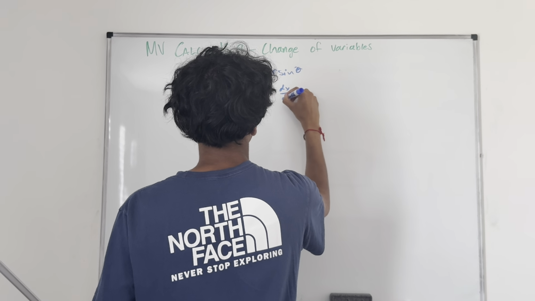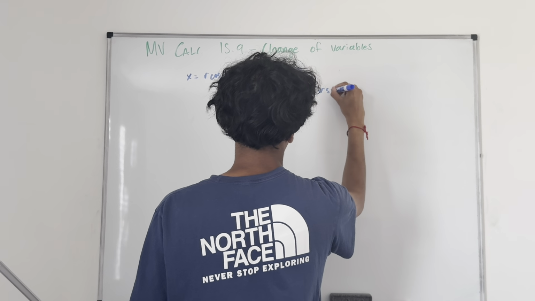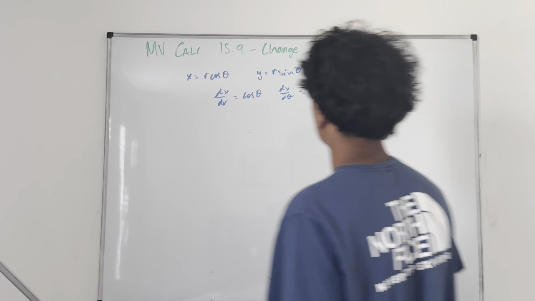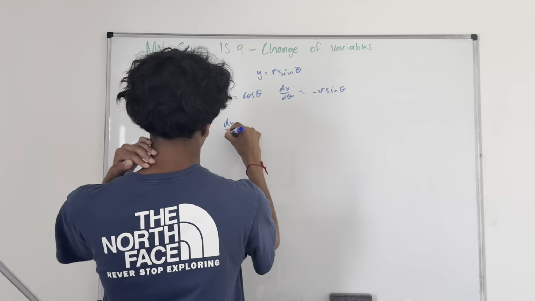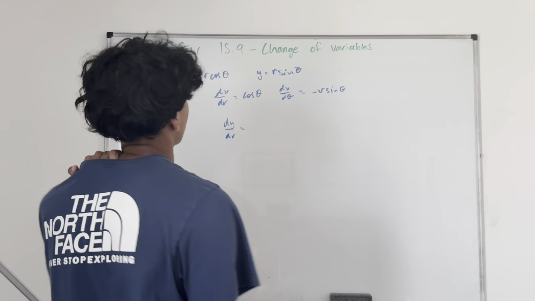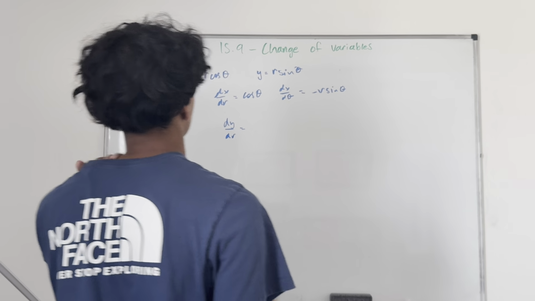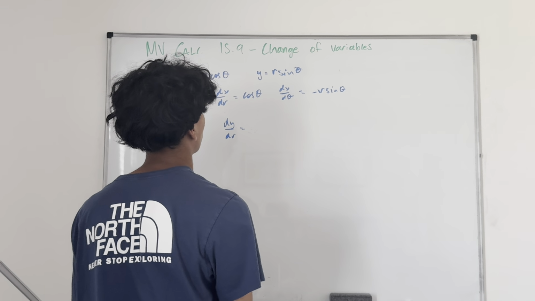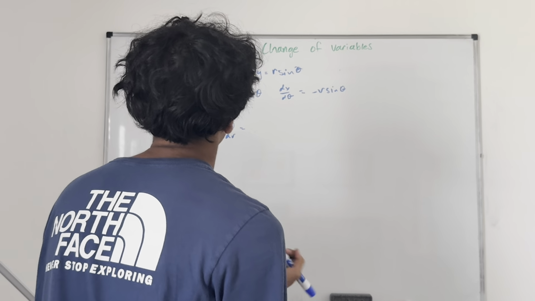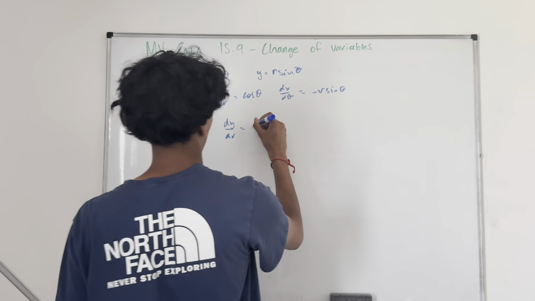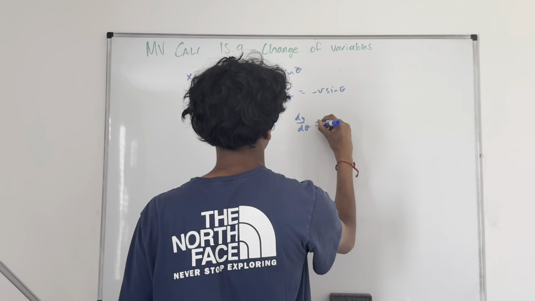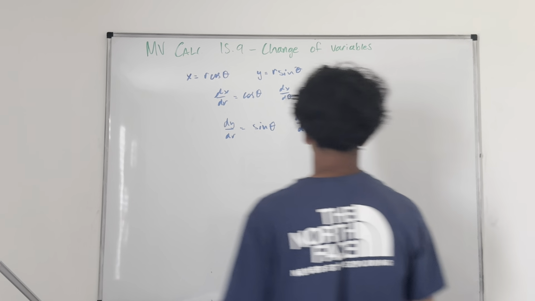Dx d theta will be negative r sine theta, because the derivative of cosine theta is negative sine theta. And then dy dr is going to equal sine theta. Why am I losing it? And then dy d theta is r cosine theta, because when you take the derivative of sine, it's cosine.